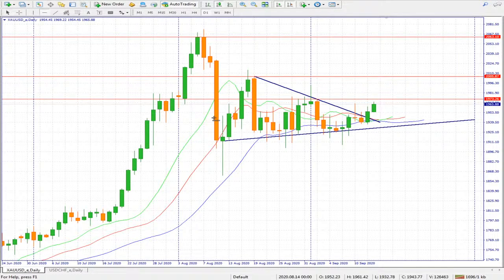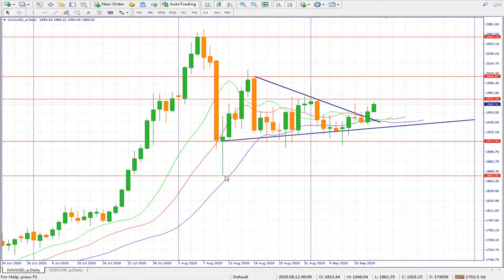On the lower side, we do have a support here, and then you also have another support here. During this session, wait for price around 1973.26. Also wait for price around 2005.87. Also wait for price around 2063.10.